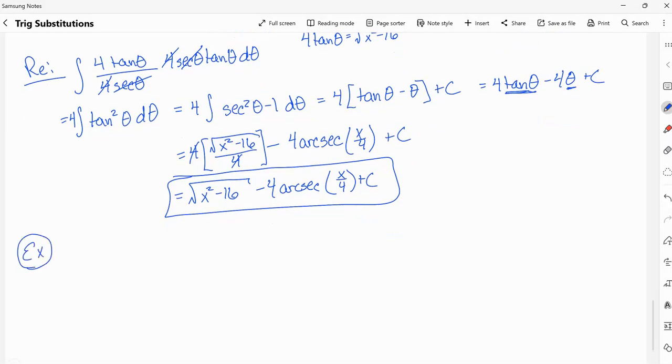Let's do another one. Let's say we want to integrate x squared over 1 plus x squared quantity squared. So we don't have a square root here, but we could think about rewriting that denominator in terms of a square root.